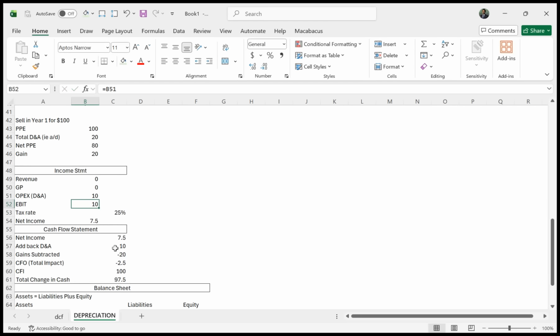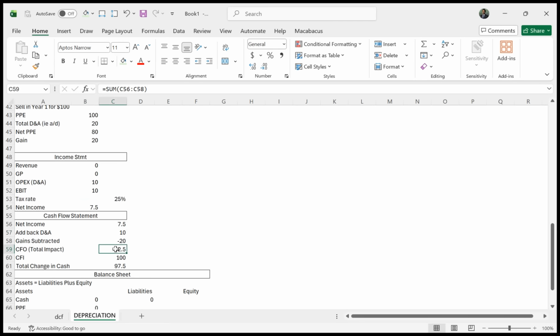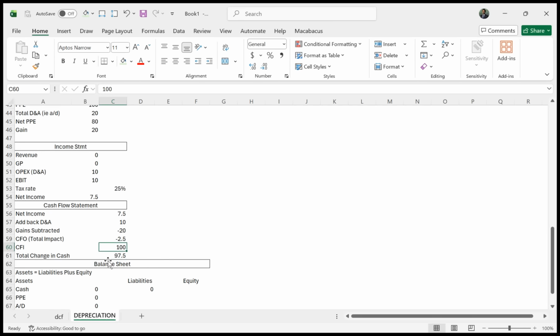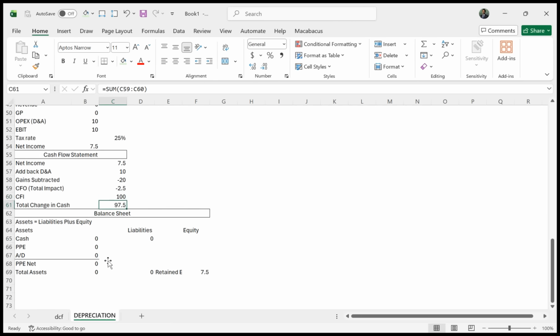You add back the DNA. You subtract the gain. Your total CFO impact is right there. CFI, you're getting rid of it. It's a plus, it's an addition. So 97.5 is going to be the change in cash at that point. So before you had negative 97.5. So now you've got 97.5.